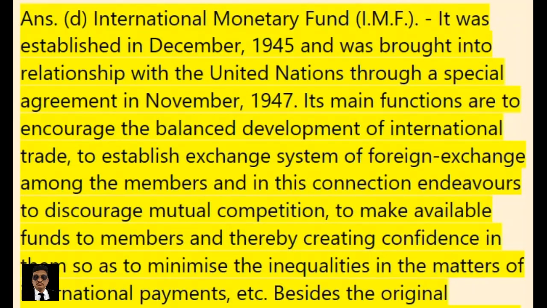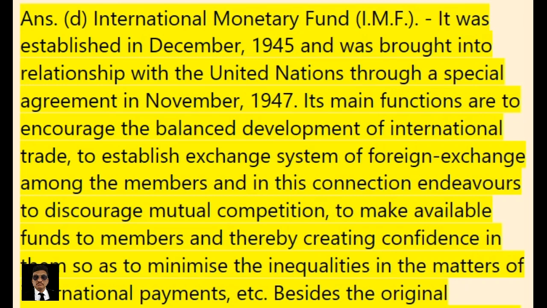Ans. D. International Monetary Fund, IMF. It was established in December 1945 and was brought into relationship with the United Nations through a special agreement in November 1947.